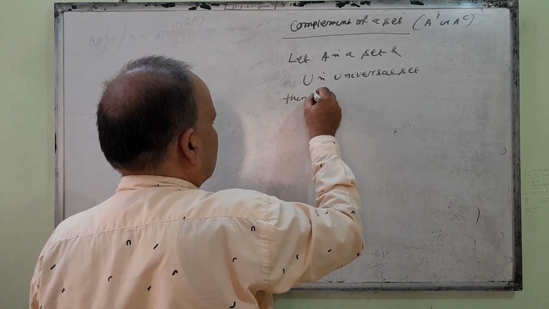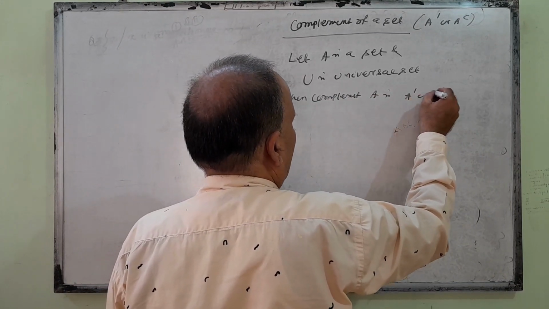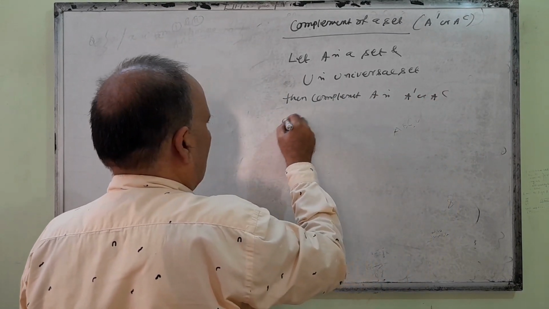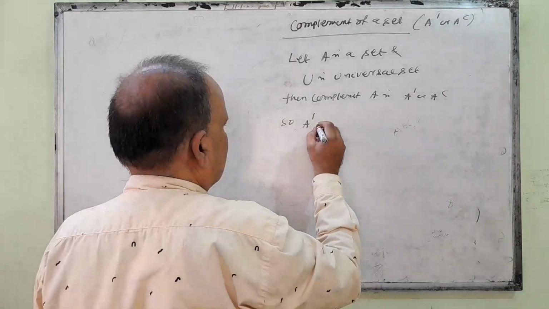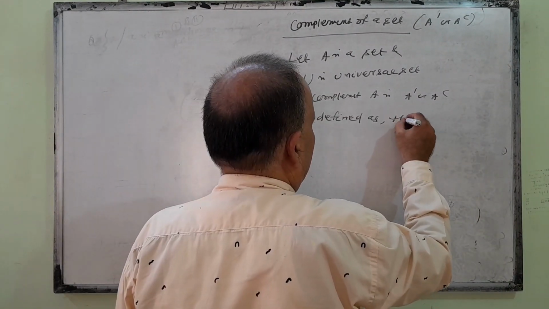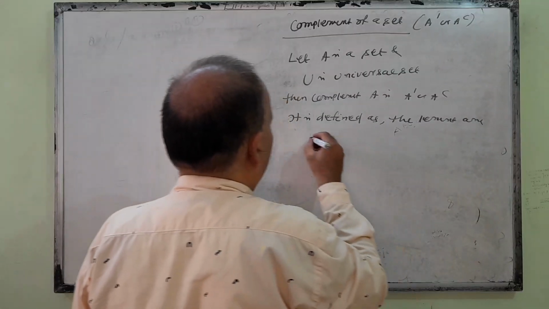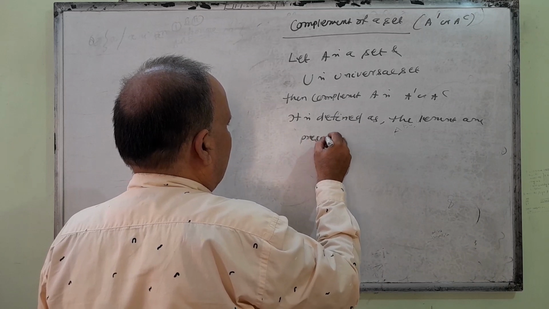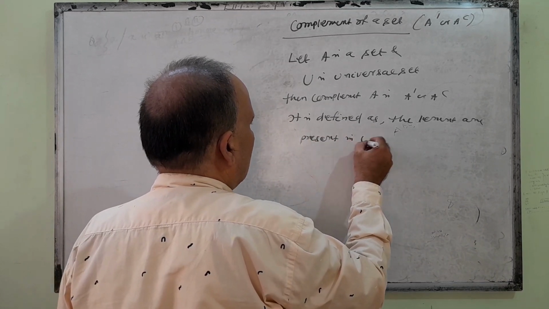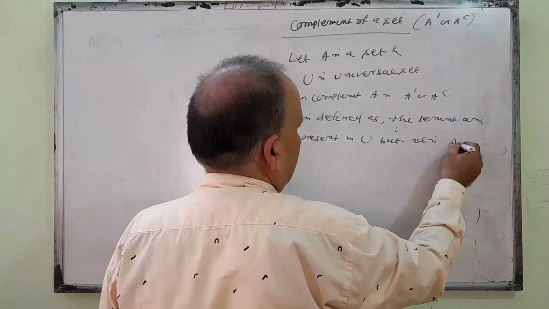Then the complement of A is A dash or A^c. A dash is defined as elements that are present in U but not in A.